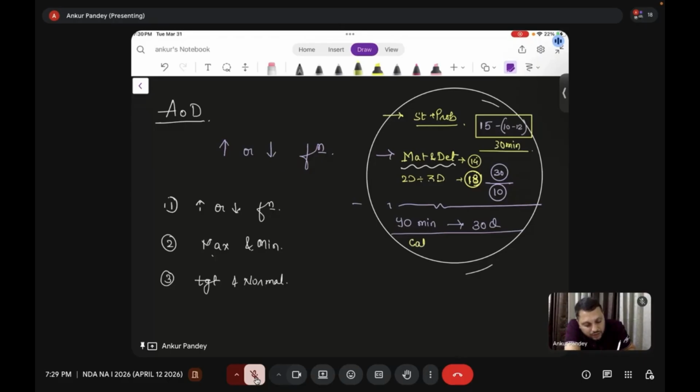Differential calculus will bring you 12 easy questions. Other parts of differential calculus are very simple and do not take much of your time. Only AOD takes some of your time. Clear? And then, out of these two, whichever you have selected or not selected, is up to you. Understood?